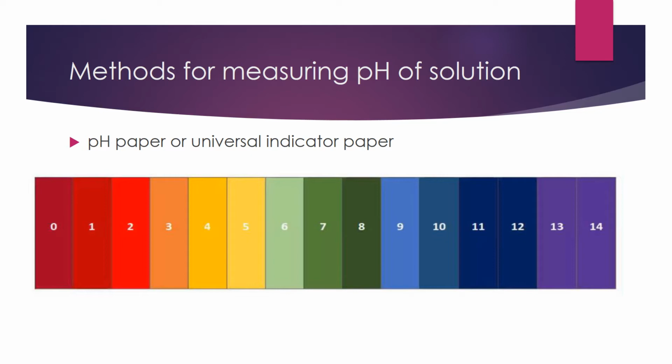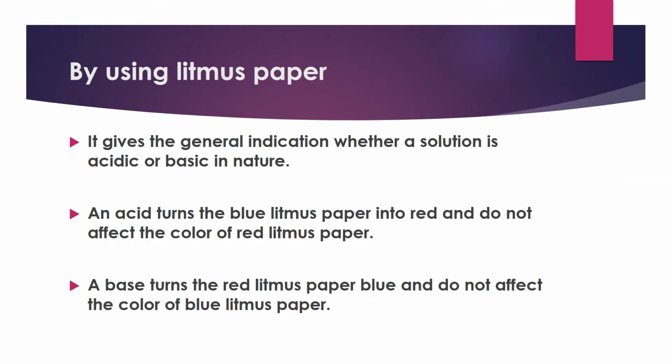That color of the pH paper is matched with this chart, which has different colors with a range of pH. The matching color indicates the pH of that solution. In this way we can measure the pH of the solution.